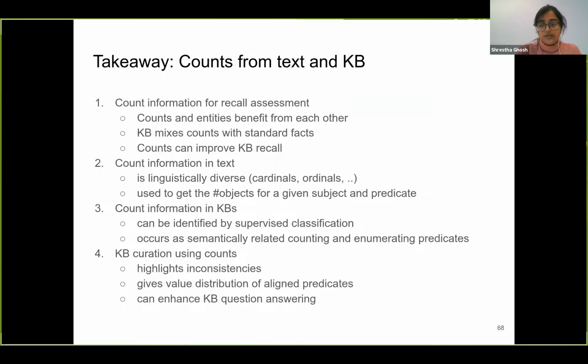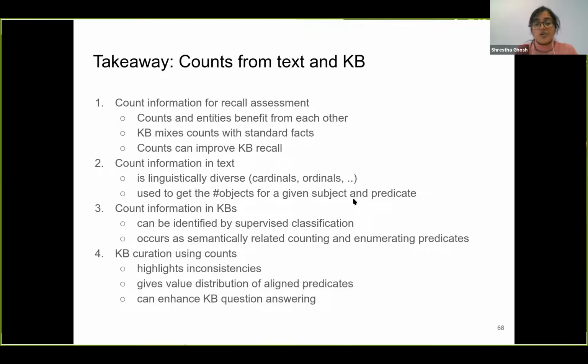Right, so we are towards the end of this part of the tutorial, and the takeaways are that count information is important for recall assessment, and it comes in 2 variants of integer counts and enumerations, which can benefit from each other. We saw how to extract count information from text, which is linguistically diverse and has negations in it.